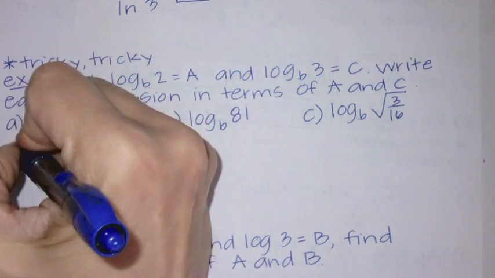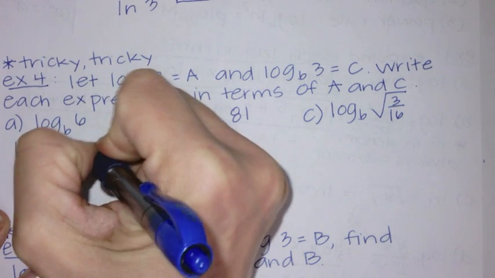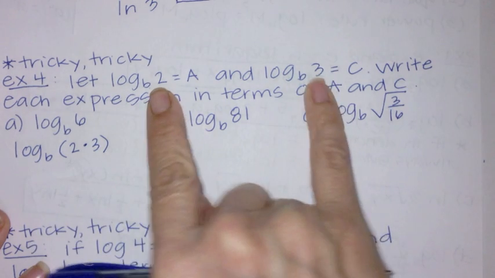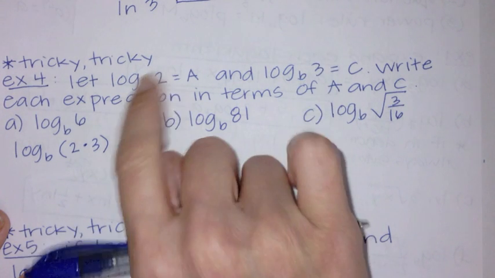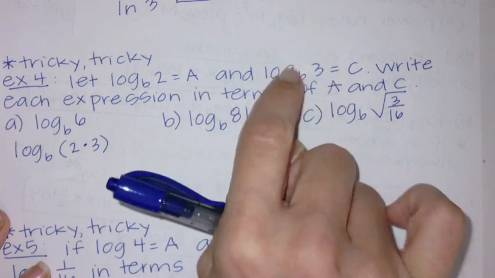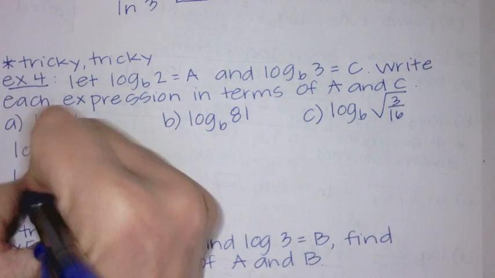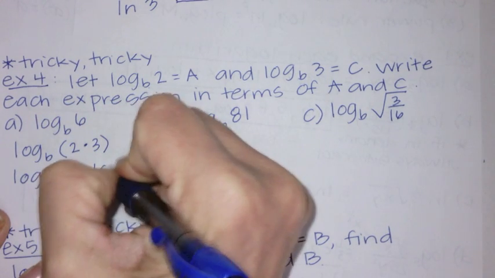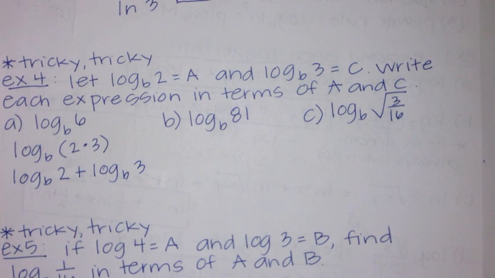So I'll show you how to do the first one just to give you an idea. Again, we are going to rewrite 6 as log base b of 2 times 3. The reason why I'm looking at that is because I'm going to look ahead and see if I can somehow get log base b of 2 and log base b of 3, then I can change it and write it in terms of A and C. Well, now that I've chosen to write it like that, I can expand it using the properties of logarithms, and I get that right there.